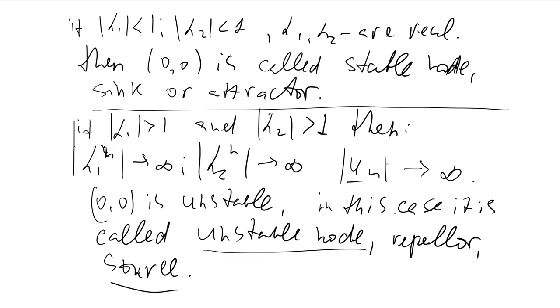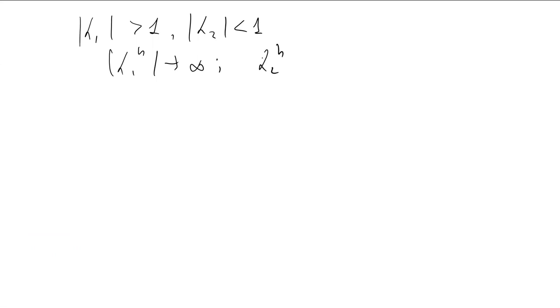And last case. The last case is when one of the lambdas has absolute value more than 1 and another one absolute value less than 1. Doesn't matter which. Then lambda 1 to the power of n tends to infinity. Lambda 2 to the power of n tends to 0.